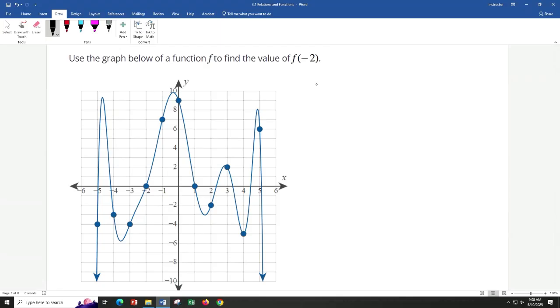Okay, so at f of negative 2, let's come over here to negative 2, and here it is right here. But notice what happens with the function at negative 2. So what would y equal there? Yeah, exactly. f of negative 2 would equal 0.